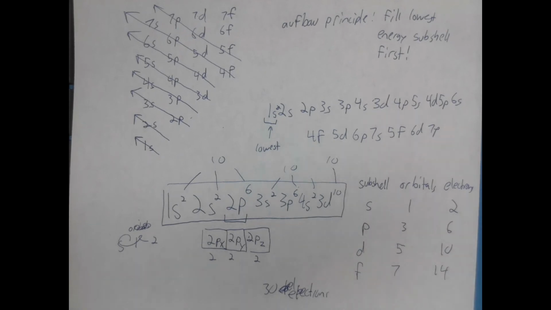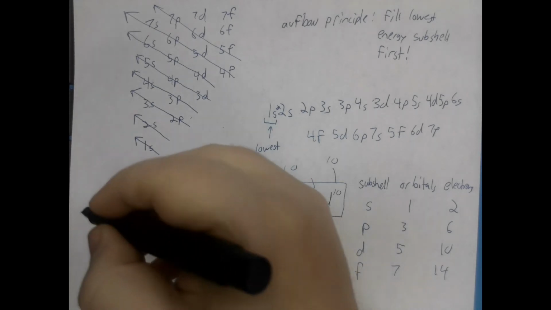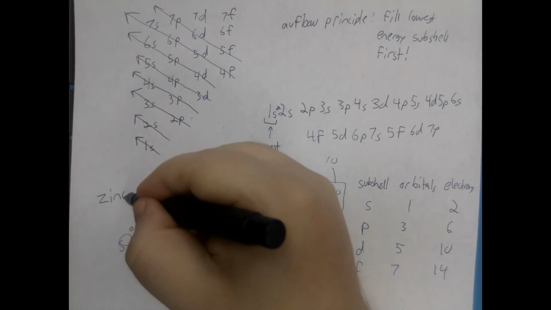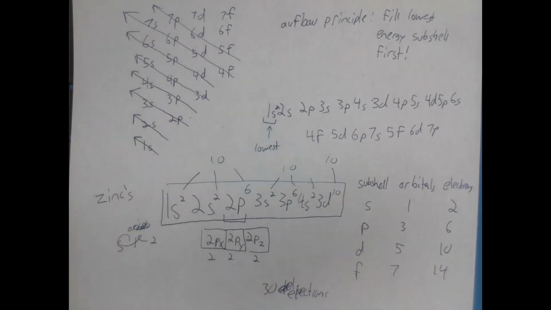And looking at my periodic table, that would be the electron configuration for zinc. So this would be zinc's electron configuration.